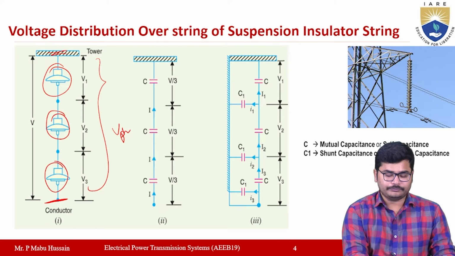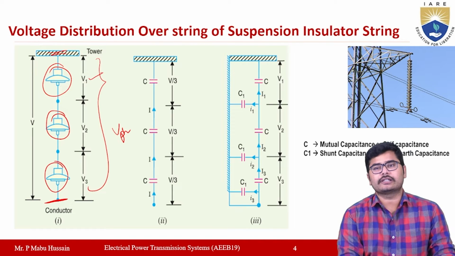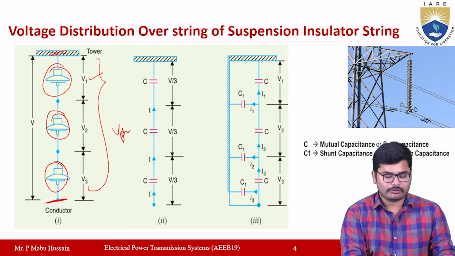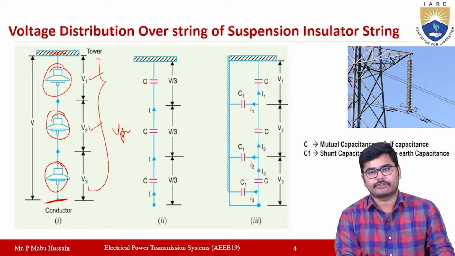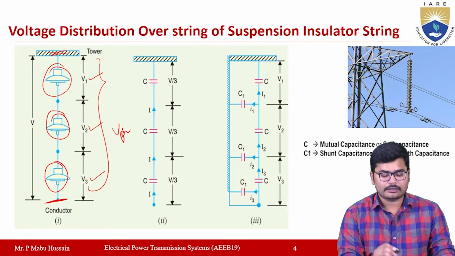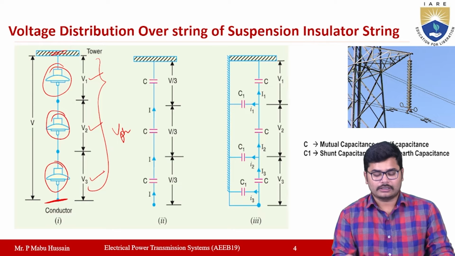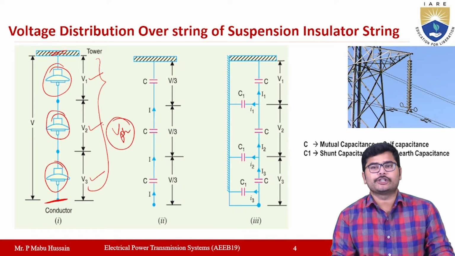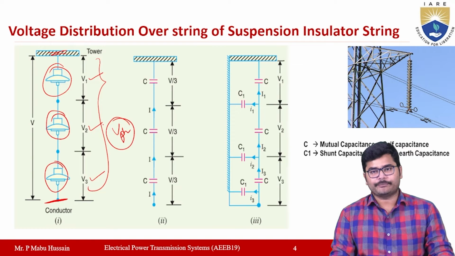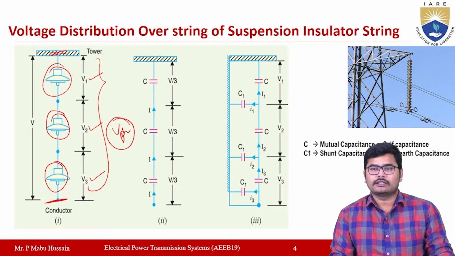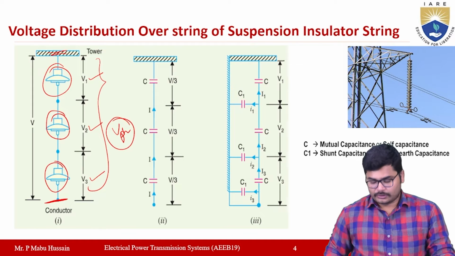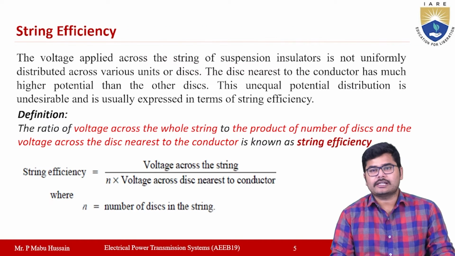What is the voltage across the first insulator, V1, across the second insulator, V2, and across the third insulator, V3? How the applied phase voltage will be distributed among these 3 insulators, we can solve.